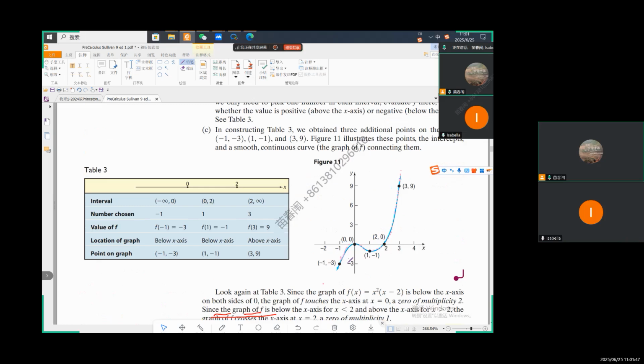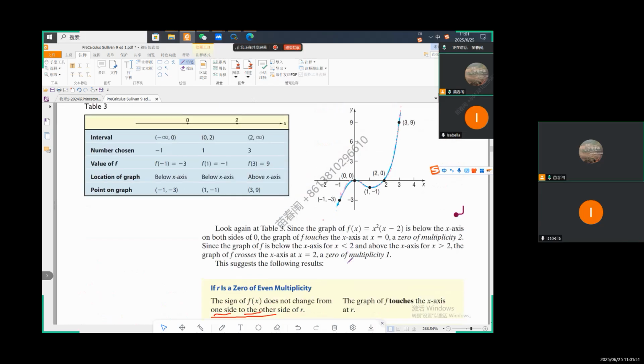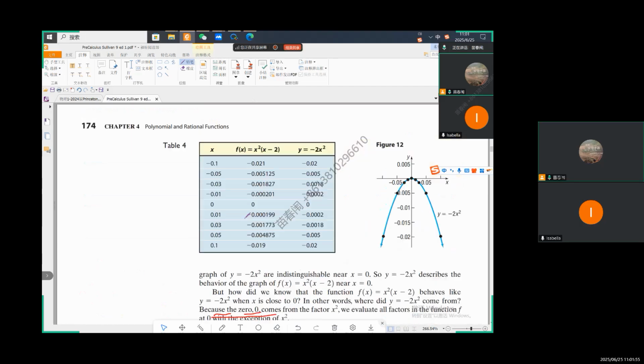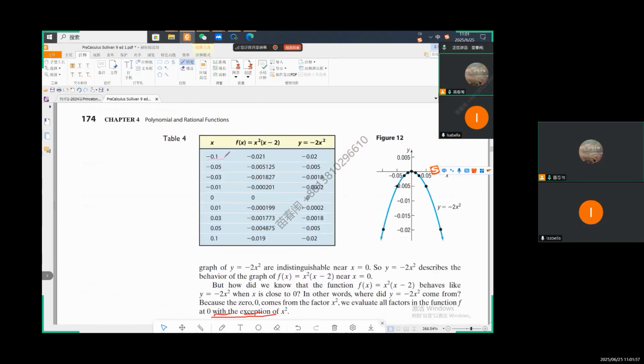So if we check, we can find that, let's just use that table. Here's a little table. I check it with all of this, and I find that this one looks quadratic, almost like this one.